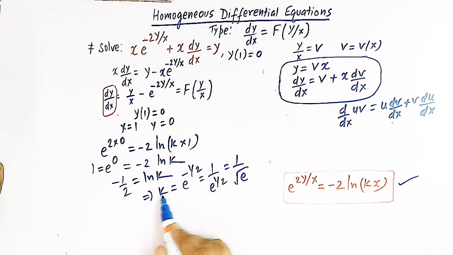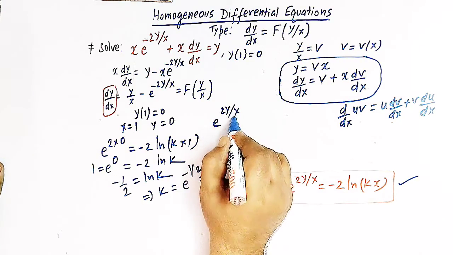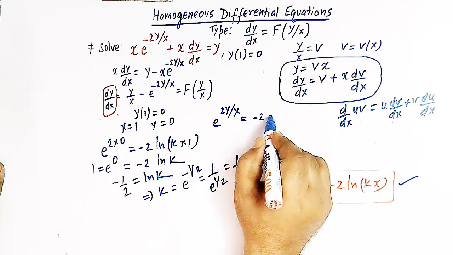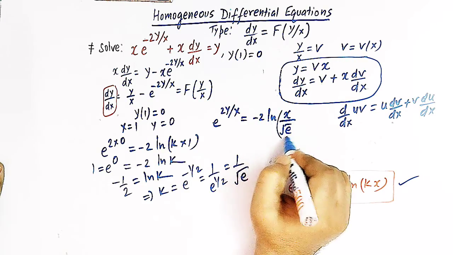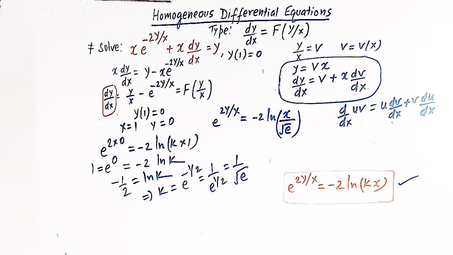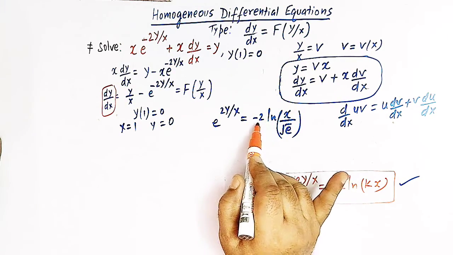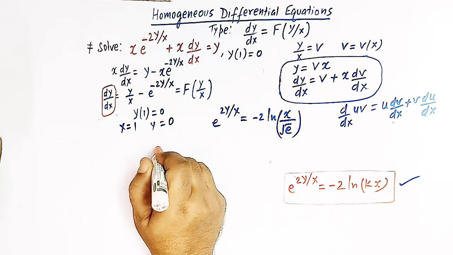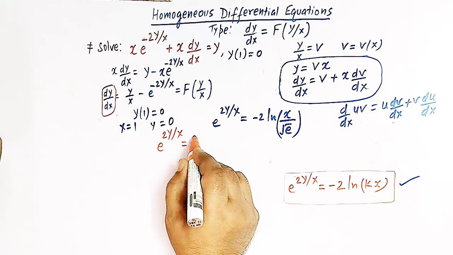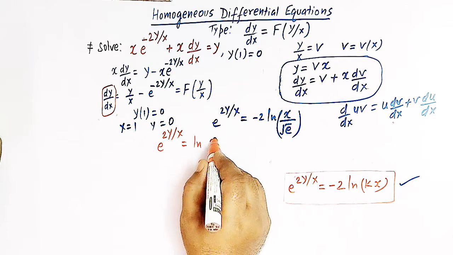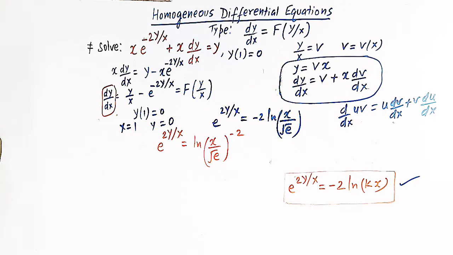So now substituting this value of k in this equation, we have e raised to 2y over x is equal to minus 2 log of x over square root of e, right? So now let us simplify this expression by rearranging the terms. So we can now write e raised to 2y over x is equal to log of x over square root of e, raised to minus 2, right?